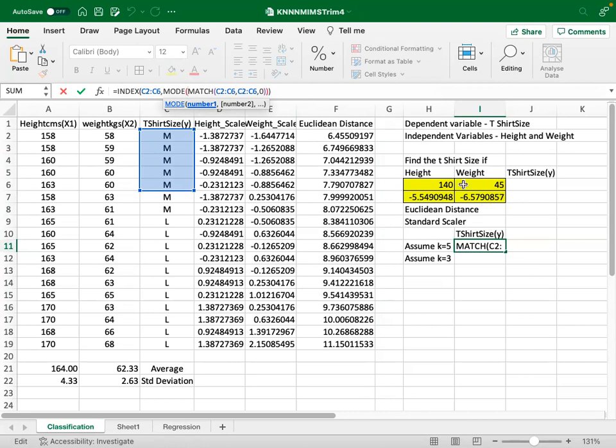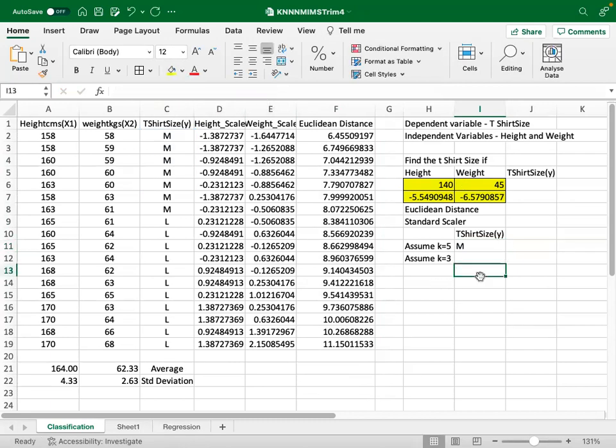So once you have the model, all you have to do is sort the data distance, then you will get the t-shirt size. You can also write a macro for sorting the distance, but again, why do all those things? This is a small calculation problem, right? So this is how it will work.